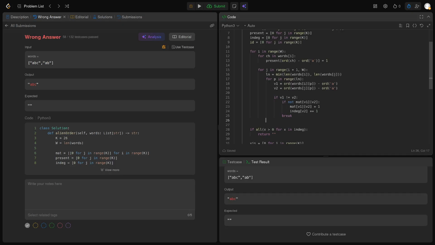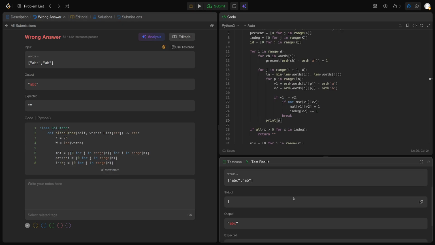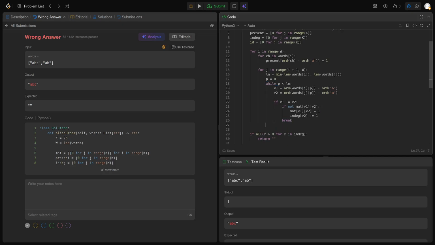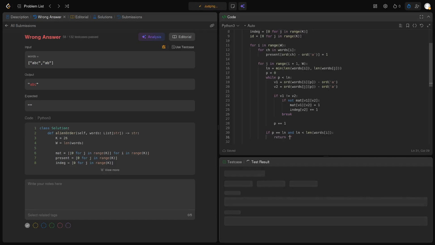So you break, right? And now print B. B0. If pln and when less than len words I, like this.